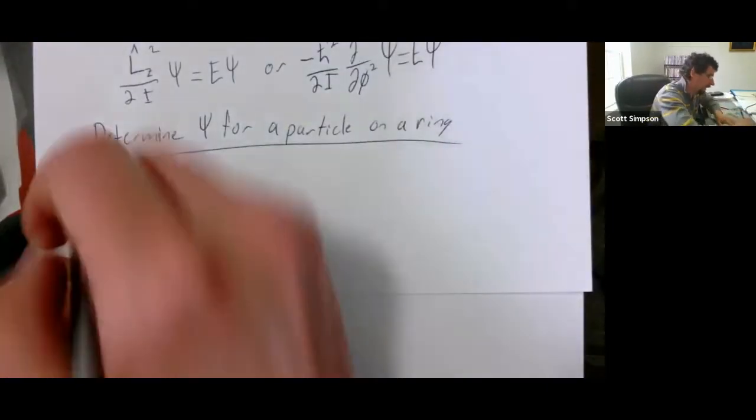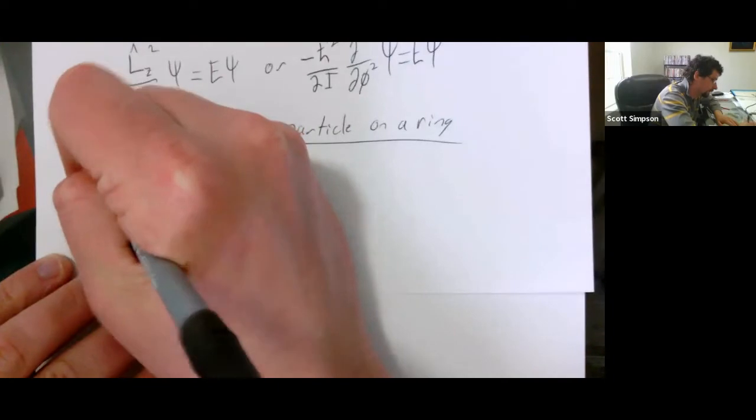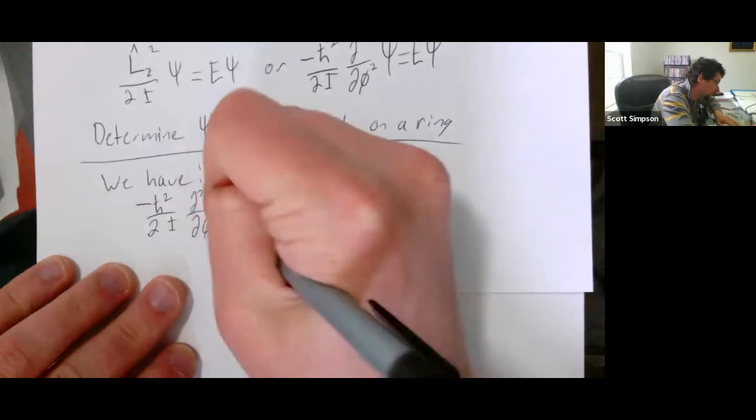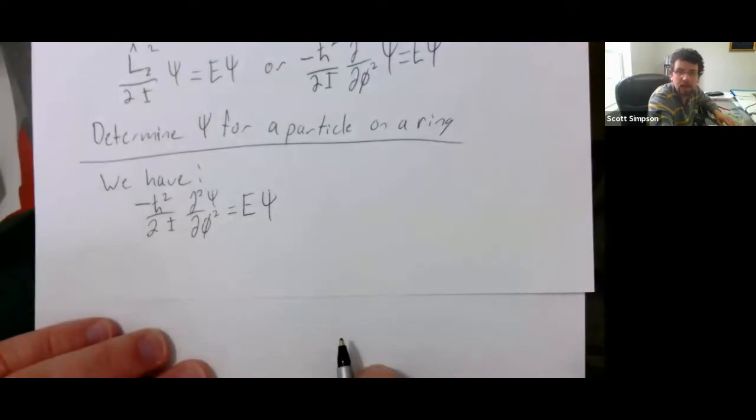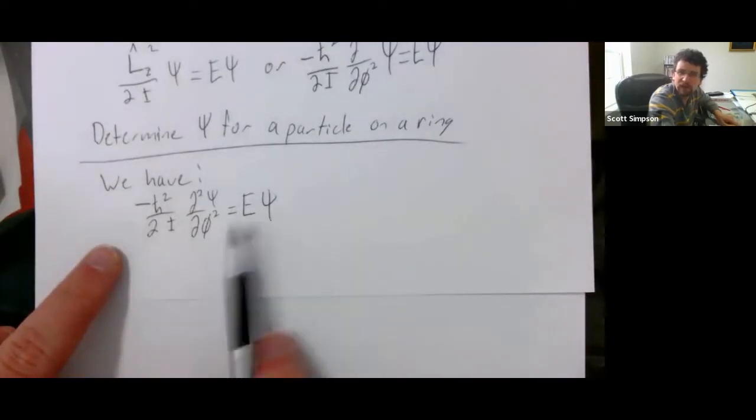Okay, so we have this expression: negative h bar squared over 2I, d squared psi by d phi squared, is equal to E psi. However, this is a little difficult to solve for.